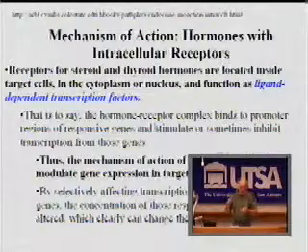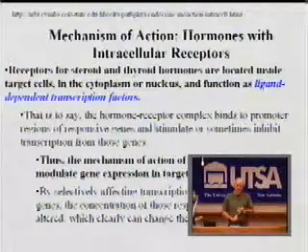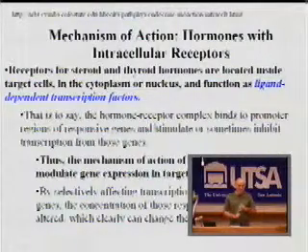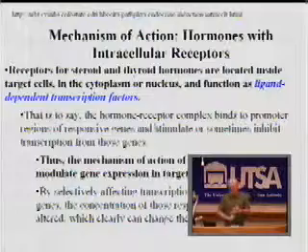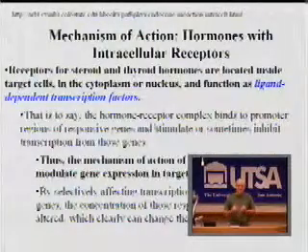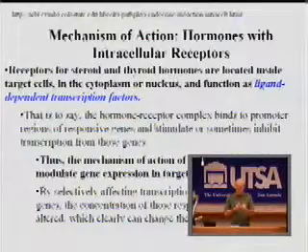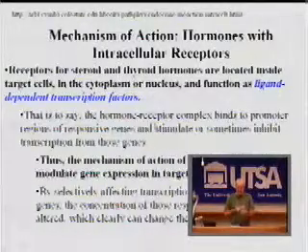So we've talked about regulated expression of the gene for these receptors, the transcription, RNA processing, is there any type of alternative splicing, the translation, post-translational processing, and mechanism of action. How does it act? How is it activated?